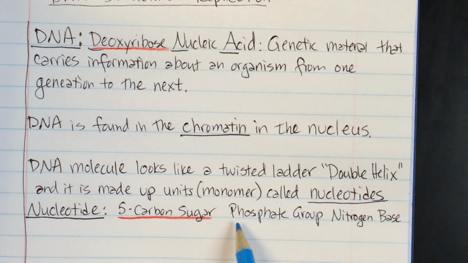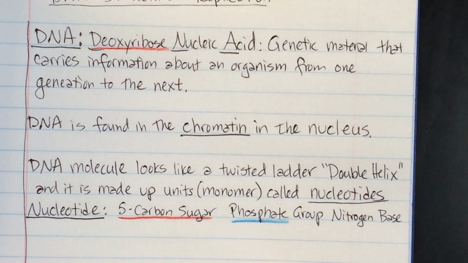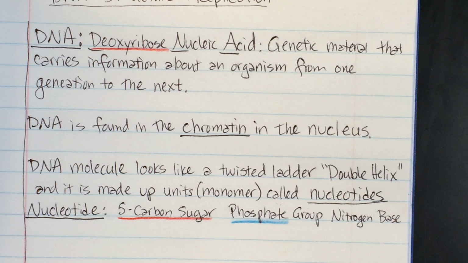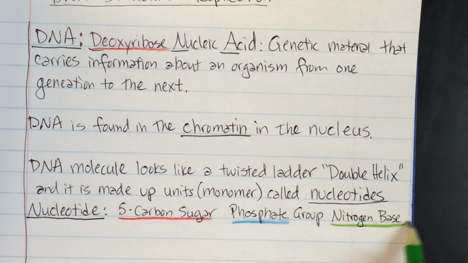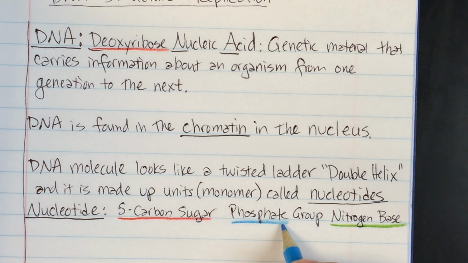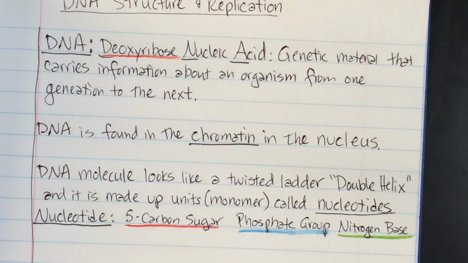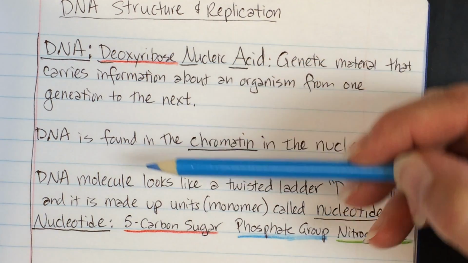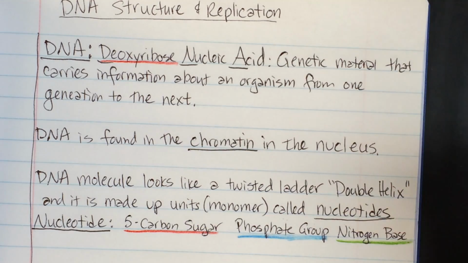And the phosphate isn't in that name. But anyway, phosphate I'm going to always have as a P, and then I'm always going to show the nitrogen base as green, okay? And that mainly is for down here. But just remember, deoxyribose means sugar, okay?